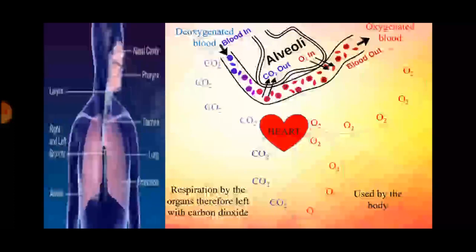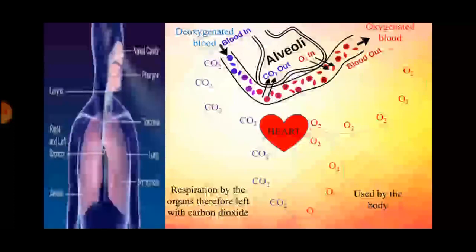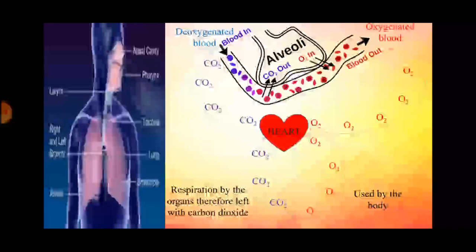When carbon dioxide gets mixed with the blood, it moves to the heart, and from the heart it moves to the alveoli, where again the blood gets oxygenated and transported to various parts of the body. This is how in the alveoli deoxygenated blood gets converted into oxygenated blood.